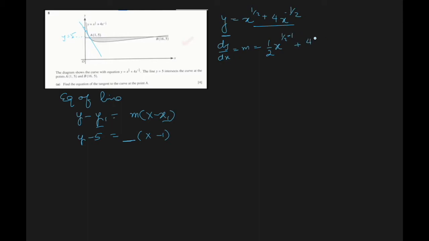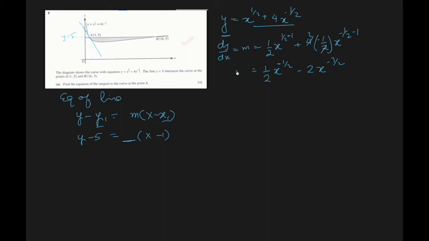Similarly, 4 times negative half comes in front and it goes down by 1. So what do we get? Half x to the power minus half, and 2 and 4 can cancel. So negative 2x to the power minus half minus 1, negative 3 over 2.